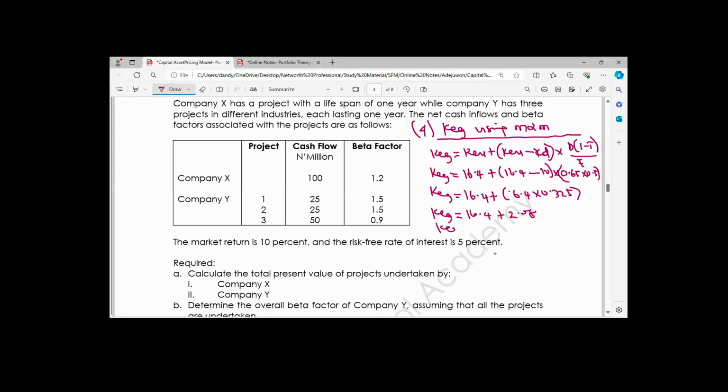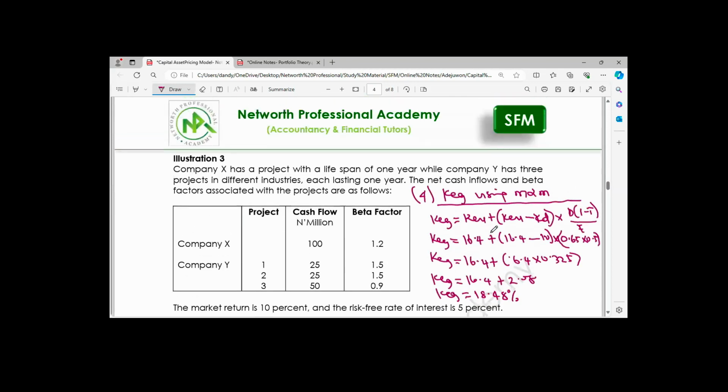So the cost of equity of a gear will be equal to 16.4 plus 2.08, that's 18.48%. So what the examiner wants to achieve here is that you can either use CAPM or you use the Miller and Modigliani formula to calculate your cost of equity of a gear, and you get the same thing.